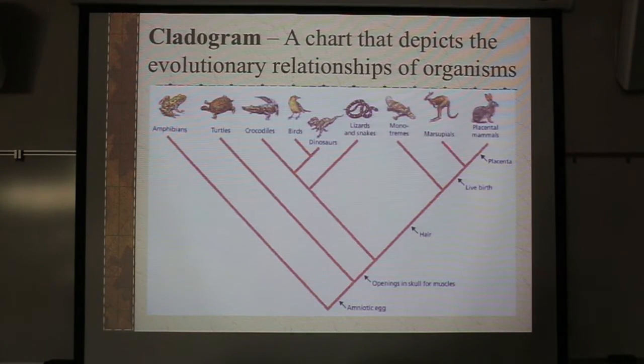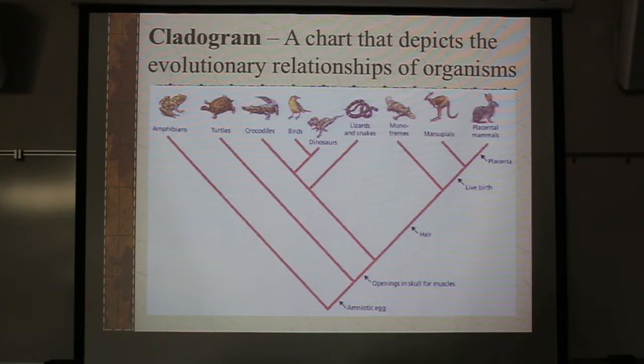What the branching patterns tell you is that wherever there's a split, like you see there, there was some evolutionary event that occurred at this point and this point and this point that led to a difference in whatever those end up becoming.